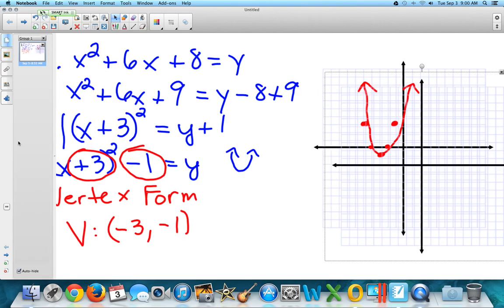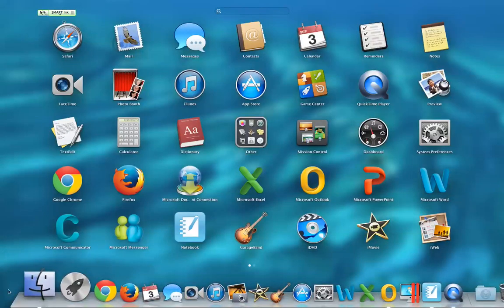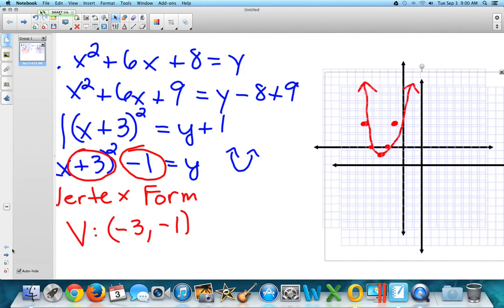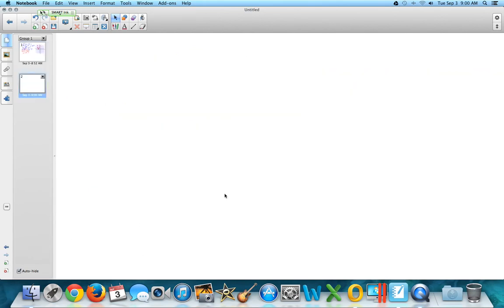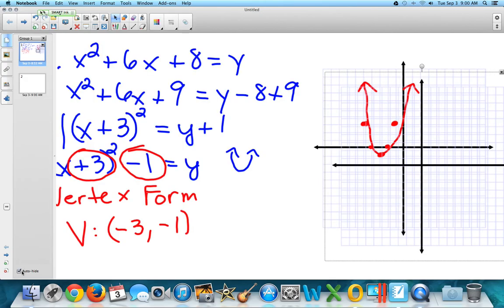I want to add a new page. Let's go in here and add a page. Oh, no. Okay. Oh, I'm not happy with the lag of this computer. Let's turn this off.